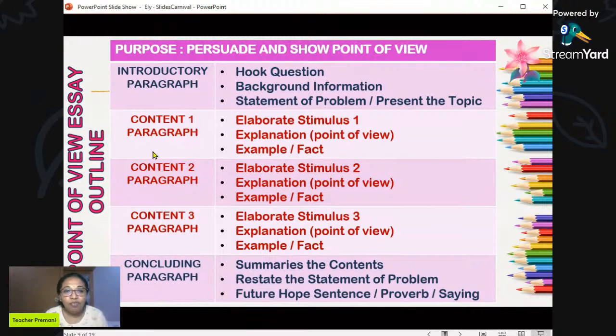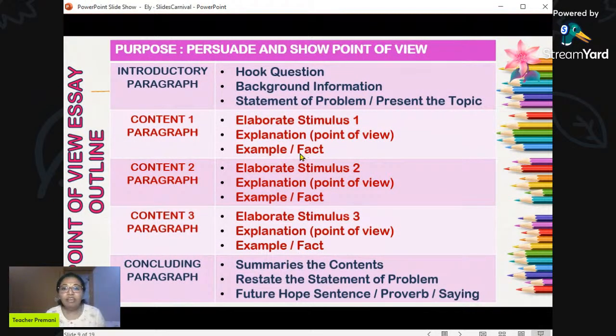Okay, let us see. For the content, I put it here 3 because the question gives 3 stimuli, right? So when you take the first stimulus, put it as the first elaboration together with the content. Okay, and then you give explanation. Here is the part where you have to put your point of view. Okay, and of course it comes along with an example or additional fact.